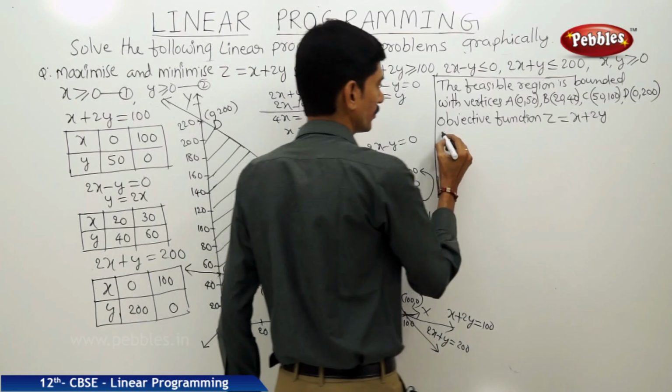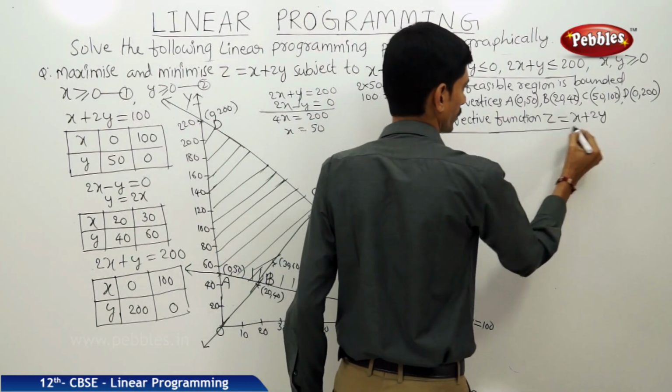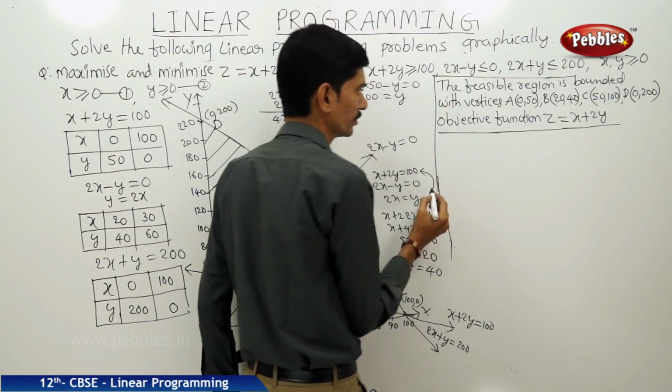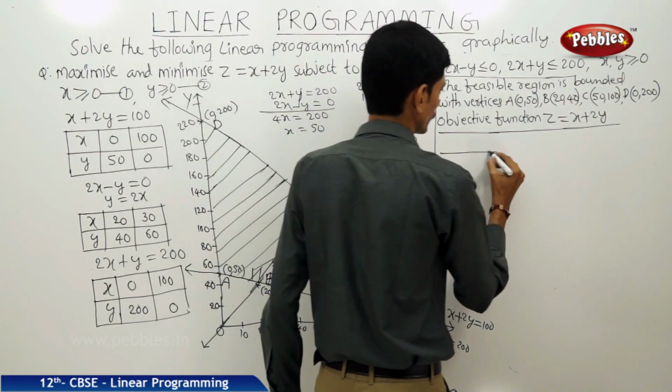Now let us find the value of the objective function z equal to x plus 2y at each of the vertices.